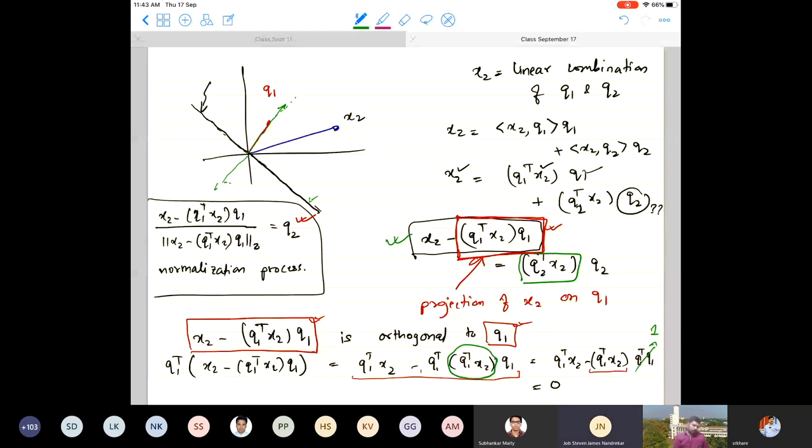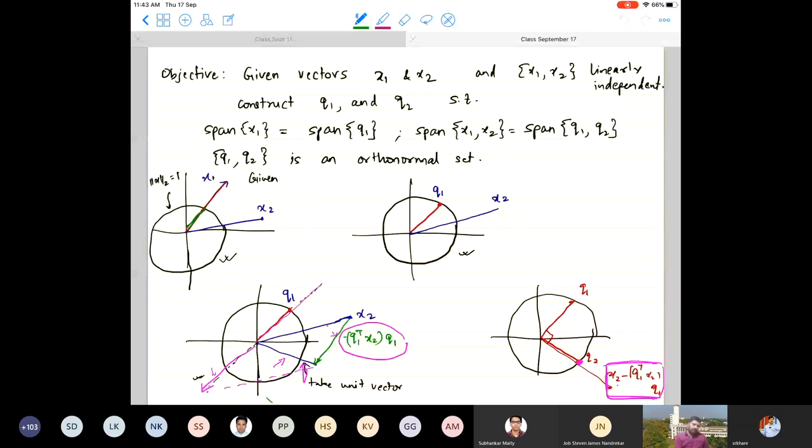Why did you choose q1 to be this particular vector only in this slide? You could have chosen q1 to be this vector also. The span of q1 is still the same as the span of x1. So here also there is no uniqueness guaranteed.